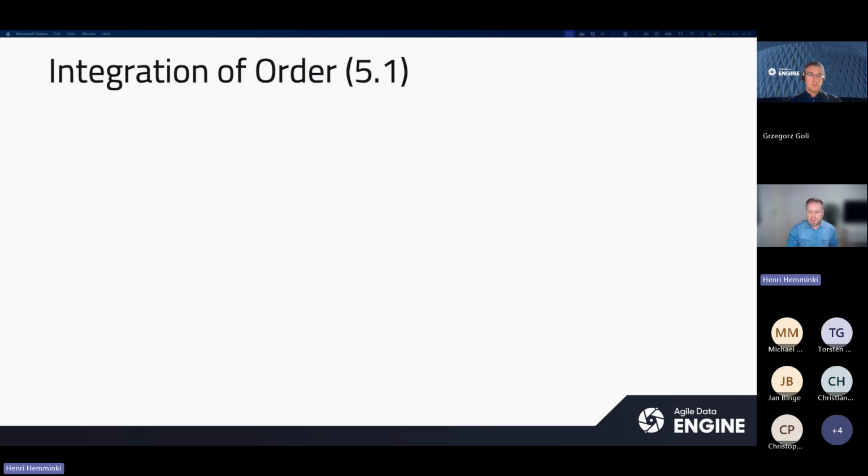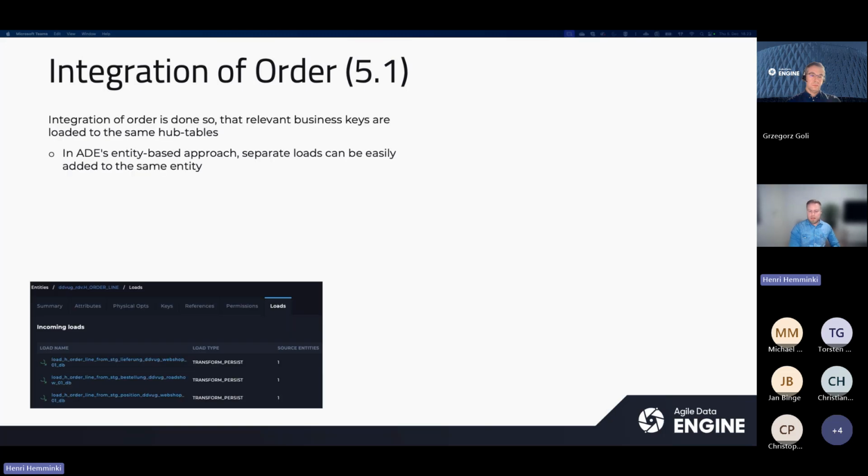So moving on to challenge number 5, the integration of order. This was about early integration. In ADE's entity-driven approach, one entity such as a hub can have multiple loads defined to it, and we will see this in practice a bit later on.